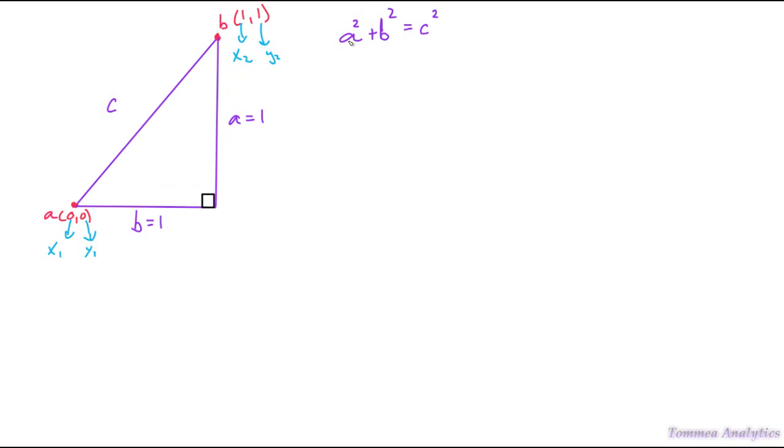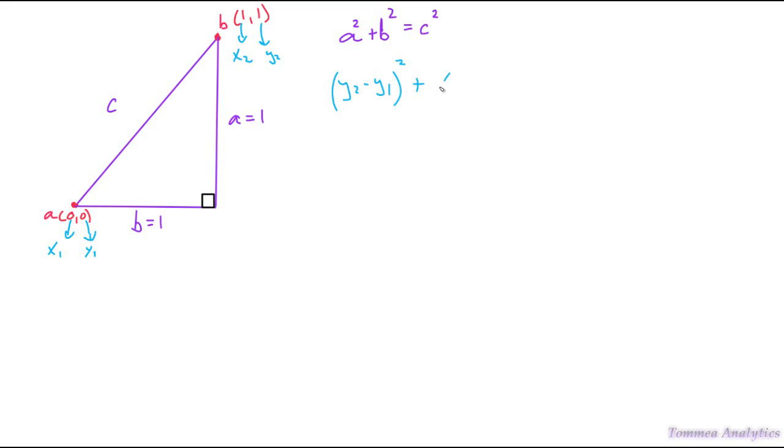So we have a, which is equal to the vertical distance. That's going to be y2 minus y1, and we square that because distance is not negative. And then we add b, which is the distance horizontally along x.